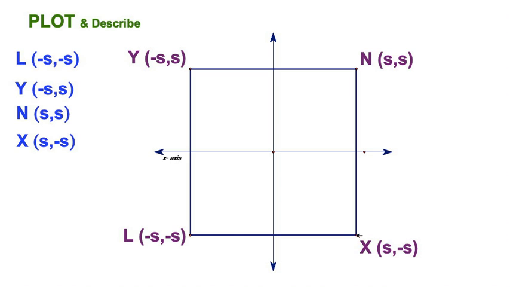How far is it from X to N? Can't be 2. We don't have a number. 2 could be a coefficient, but remember, it's a variable distance. How far is it from here to here? From negative s to 0 is a distance of s.